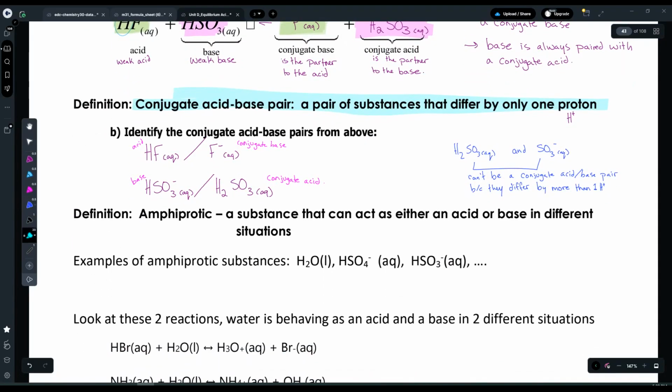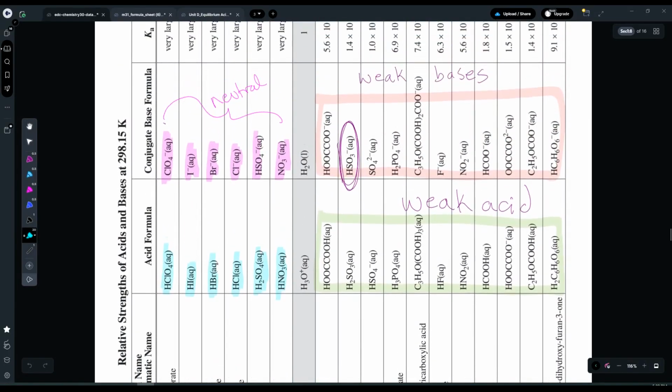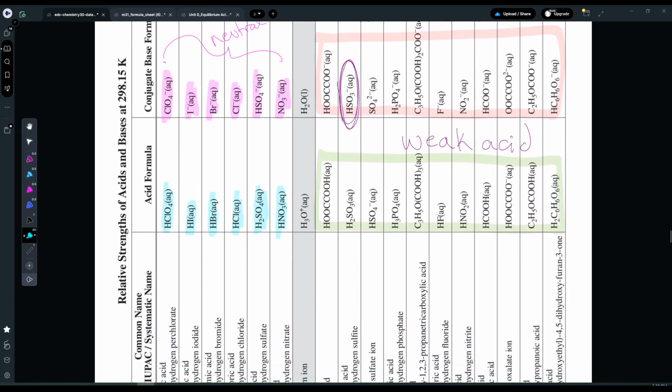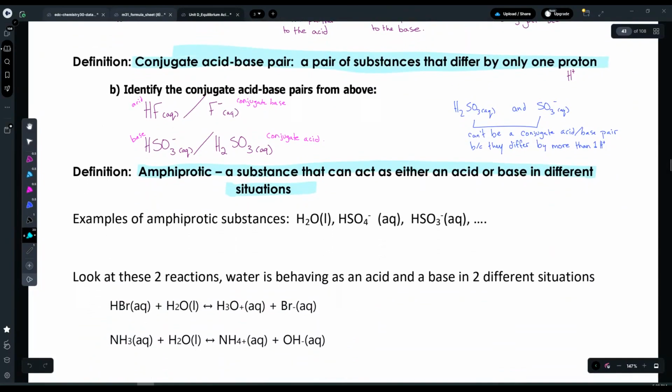Okay, so I did mention this a little bit earlier on amphiprotic substances. So those are substances that can either act as an acid or a base. So you'll be able to find them both in the acid column as well as the conjugate base column on your data booklet. Okay, so some examples of amphiprotic substances are water.